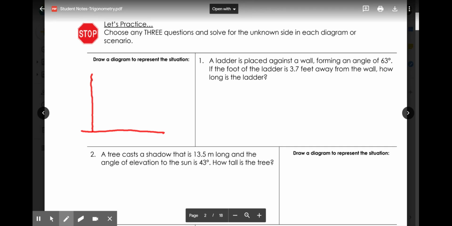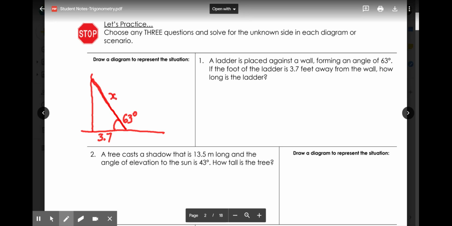And the ladder goes between the house and the ground. And it says that it forms a 63-degree angle. So right here, it's 63 degrees. And it's 3.7 feet away from the house. And it's asking how long is the ladder. So that'll be this line here. That's the ladder. We'll call that x.